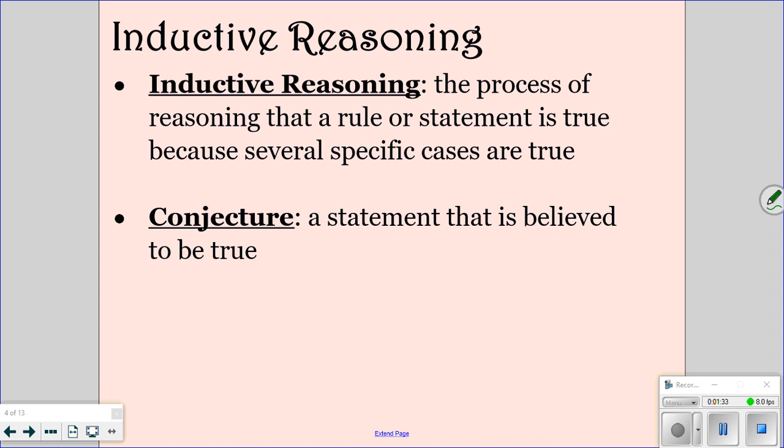So based on information that we've received in the past, we're going to think that something is true because of what's happened in the past. A conjecture is a statement that is believed to be true. So when we use inductive reasoning, we are going to be making a conjecture about what will happen in the future.